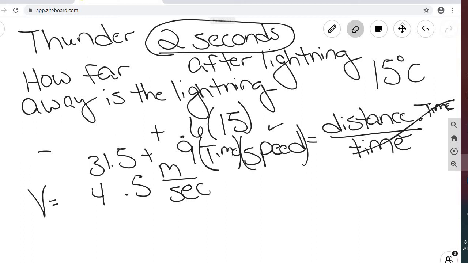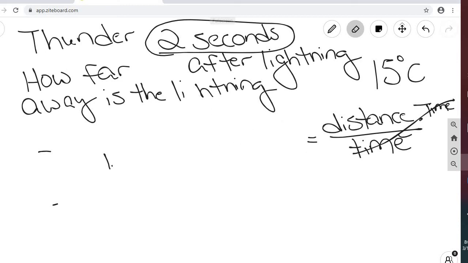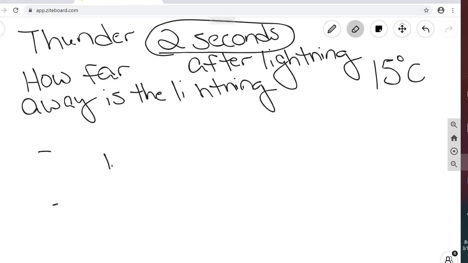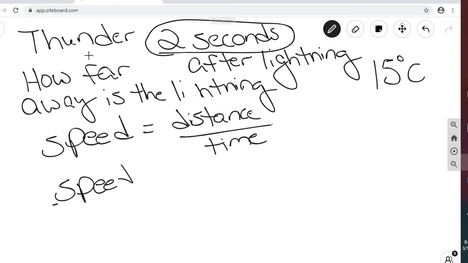Let me erase all of this. So speed, as we did when we were looking at velocity, is distance divided by time. So that means that speed times time is equal to distance.